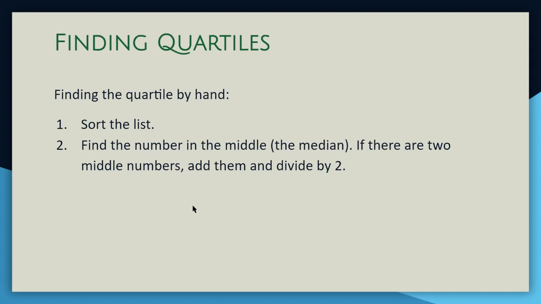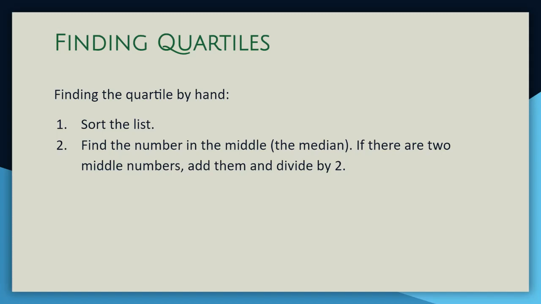Once you've sorted the list, you want to find the number in the middle of the list. How I usually do this is I put my finger on the first value and the last value, and I move my fingers one by one towards the middle until my fingers meet. If my fingers meet on the same number, that's my median, or my second quartile.